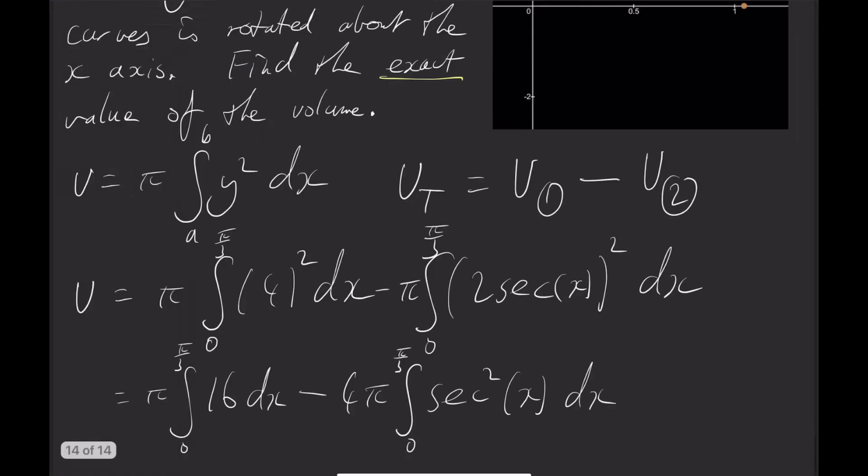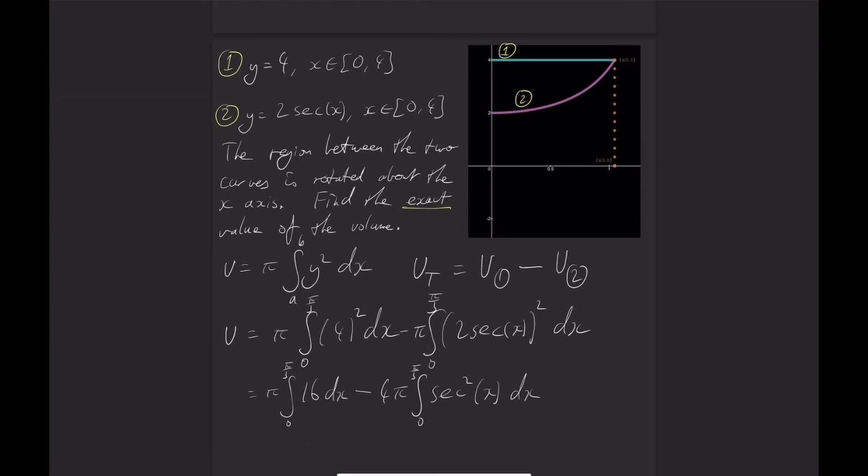So let's have a look at what I've got so far. I'm looking for that kind of tube coming through here. So I'm going to take the volume of the cylinder, and I'm going to take away this kind of trumpet shape.